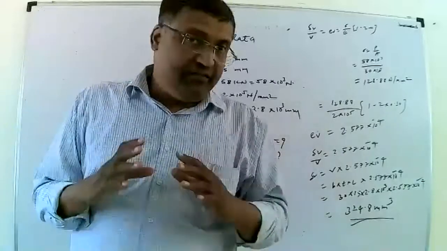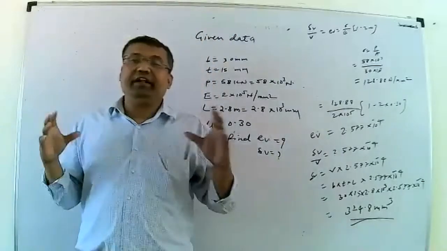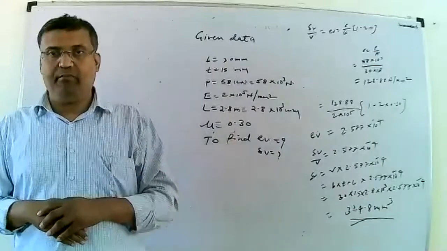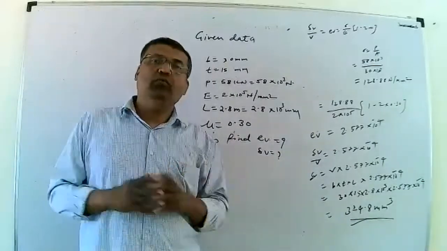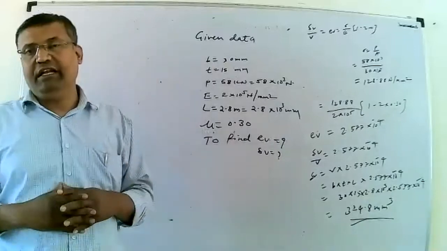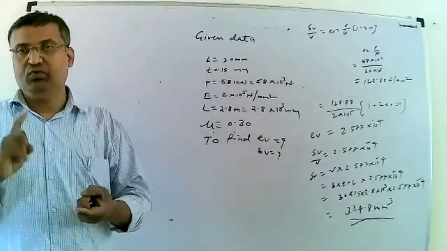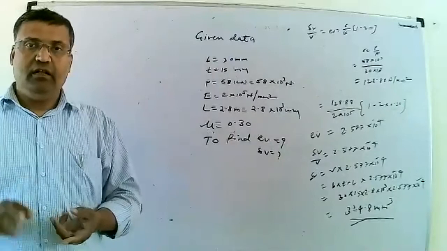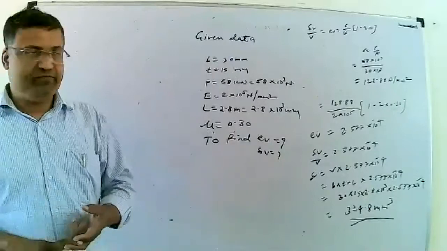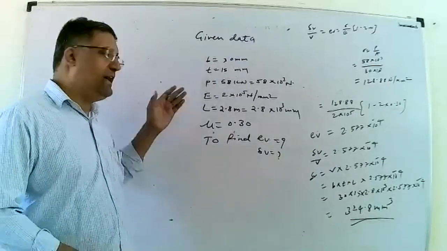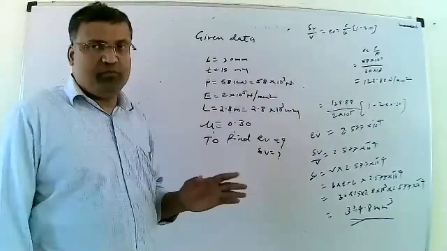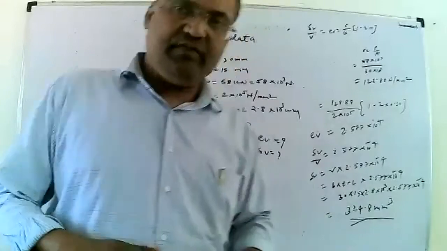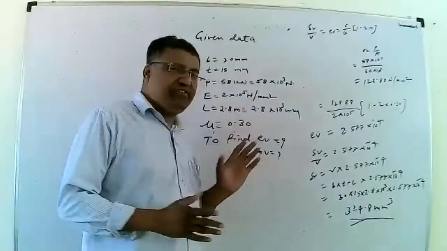V, which means the volume of any rectangular section, that is B into T into H, length into breadth into height. Here B into T into L. Then we put all these values that are already provided in the problem.